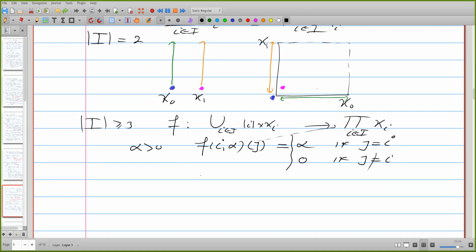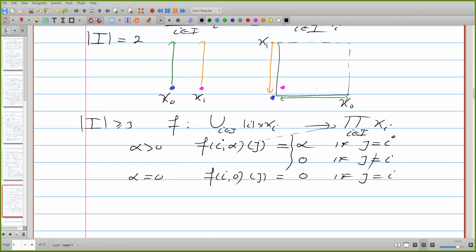What do I do otherwise? Well, you saw that I needed to do something special for the zeros anyway in my picture with 2 cardinals. So what do I do here? I do the other thing. I still put alpha on the ith coordinate.